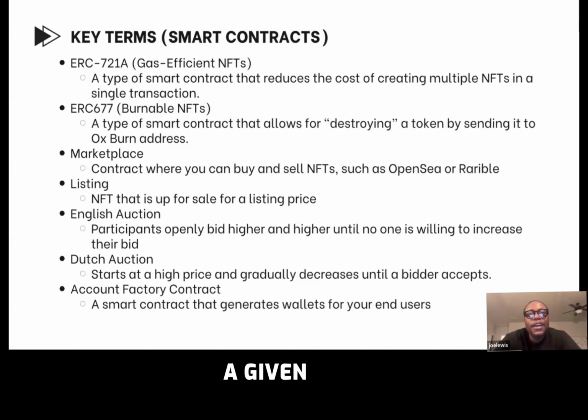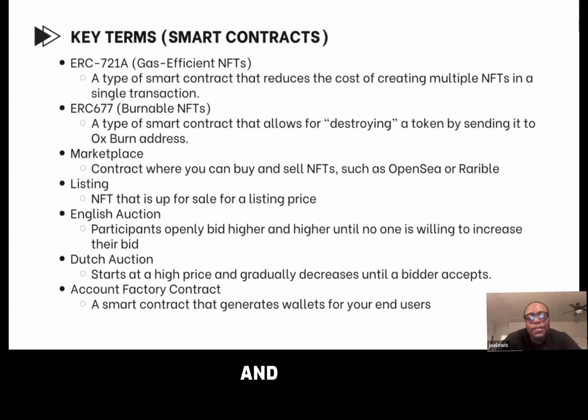Based on a given time cadence, if the asset is not purchased by that time, the price goes down and continues to go down until somebody bids at the price that the Dutch auction has gradually decreased to. So we have two different auctions, where one is decreasing and is more of a waiting game to see if people want a certain asset at a different price.